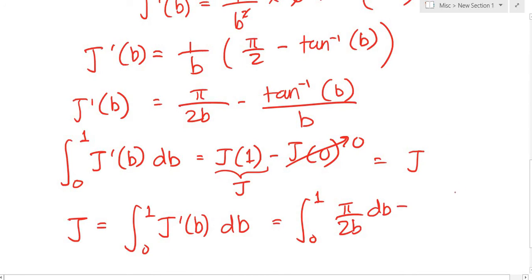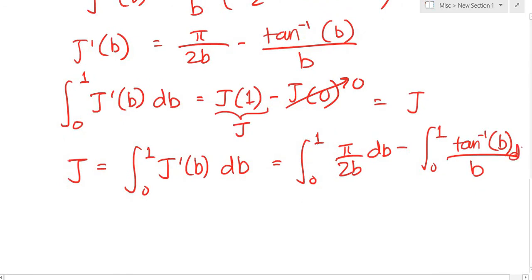We can write this as two integrals because of the linearity, minus the integral from 0 to 1 of the tan inverse of b over b. Don't forget the db. So j is just going to be, but we can pull out pi over 2, which is a constant.